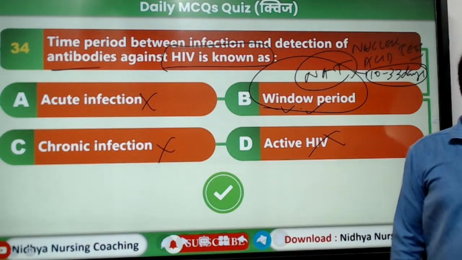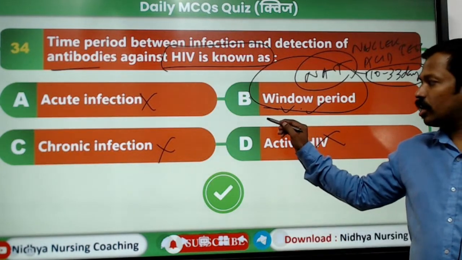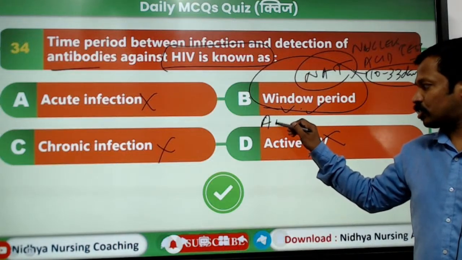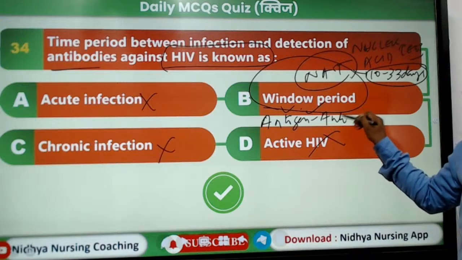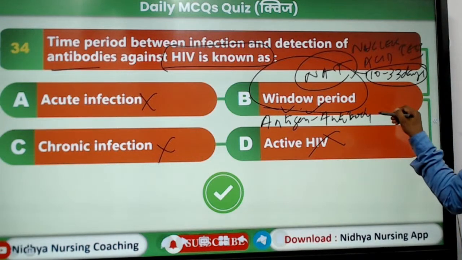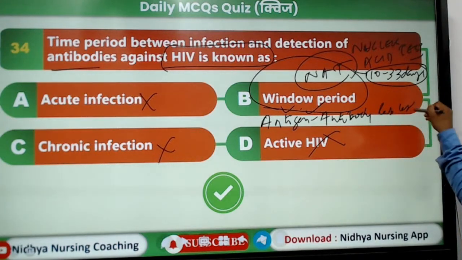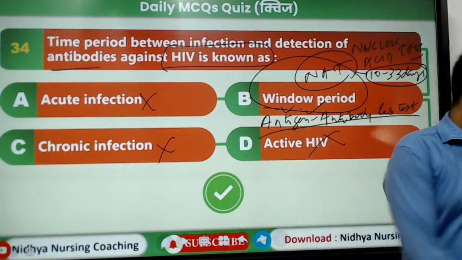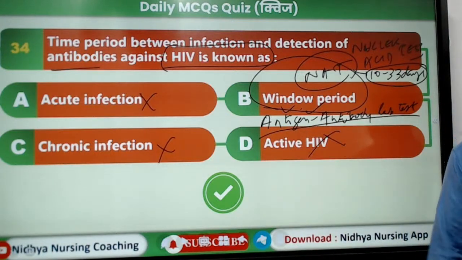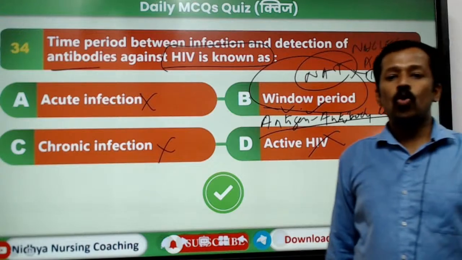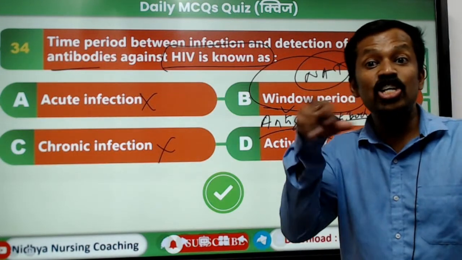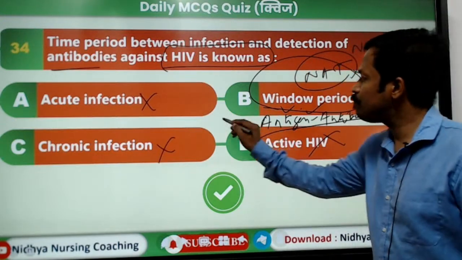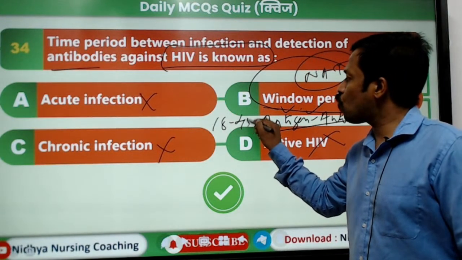Next test, antigen antibody lab test. What is the window period for the antigen antibody lab test? 18 to 45 days.